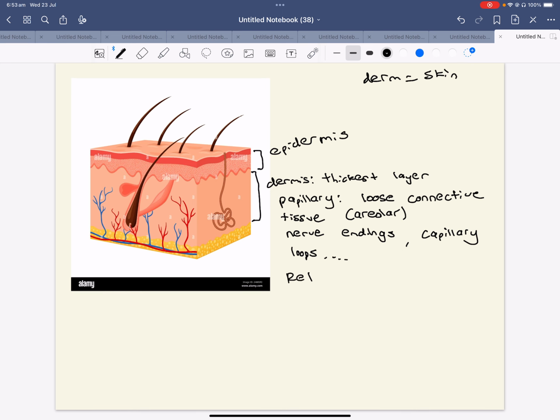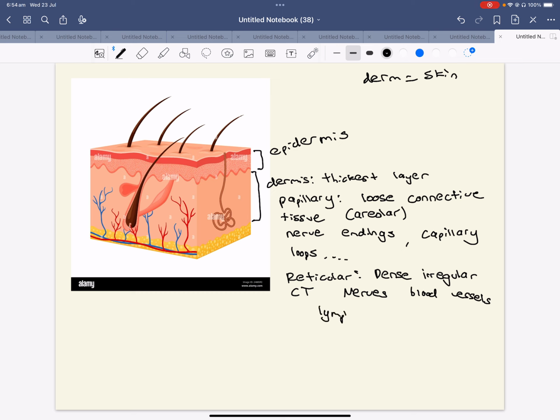Now we've got the reticular. The reticular is made of dense irregular connective tissue. I just want to add dense irregular is like tensile strength in multiple directions. Okay, and it has a lot of things. It has nerves, blood vessels, right?